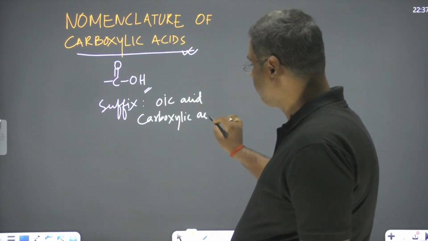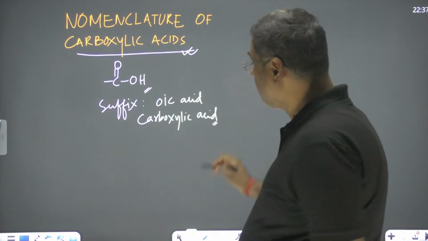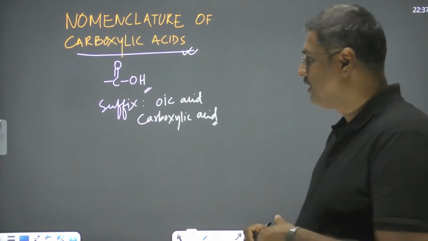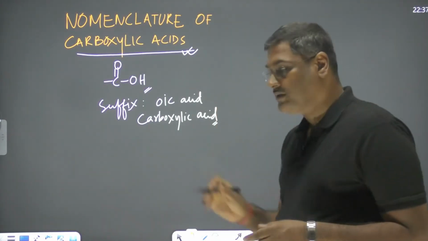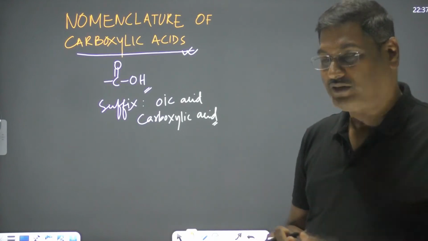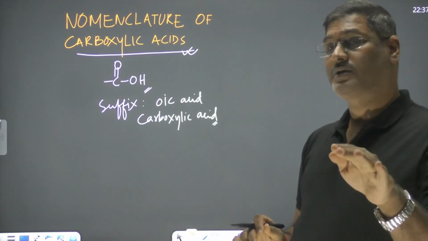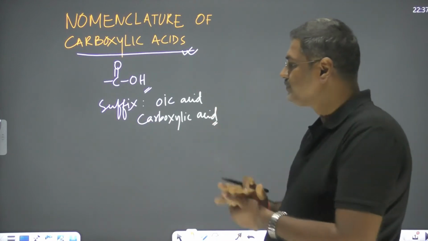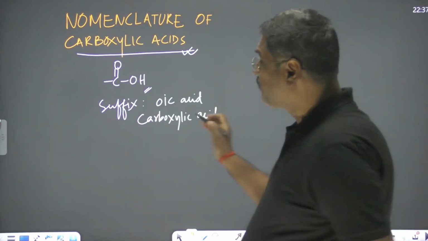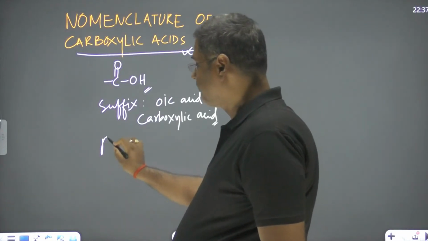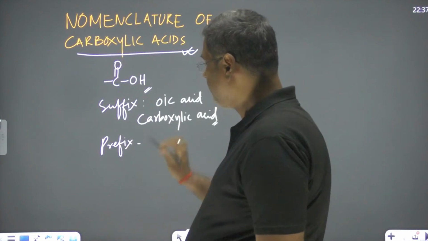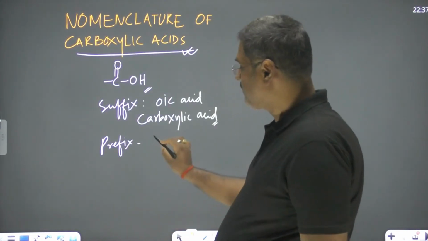Carboxylic acid is another suffix. We will discuss when to use oic acid and when to use carboxylic acid. Both are suffixes for the COOH group. There is a prefix also for this, and the prefix is carboxy.